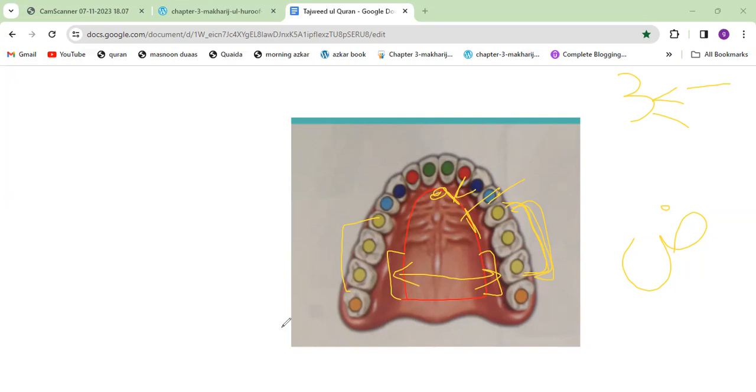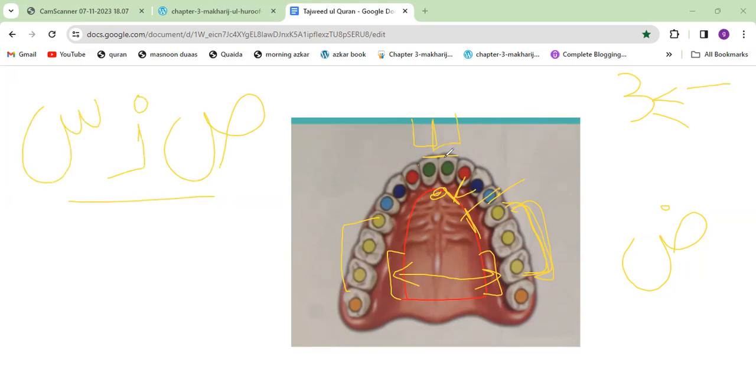For pronouncing the whistling sounds, we don't only use the upper front 2 teeth; along with that we have to connect them with the lower 2 teeth as well. Okay, so we have the letter swad, then za, and then sin.